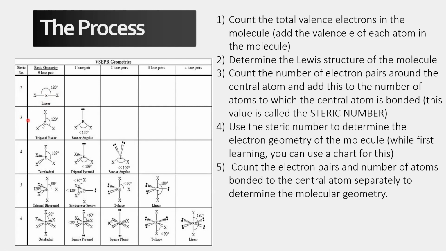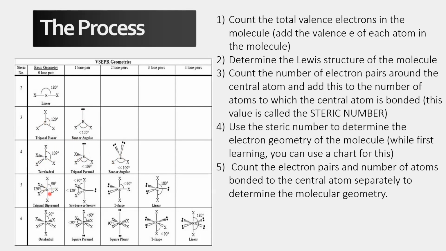For a steric number of 3, you can either have 3 atoms bonded to your central atom denoted by E, or you can have an electron pair and 2 atoms. A steric number of 4 could include 4 atoms bonded to the central atom, or 3 atoms bonded with 1 lone electron pair, or 2 lone electron pairs and 2 atoms bonded to the central atom.